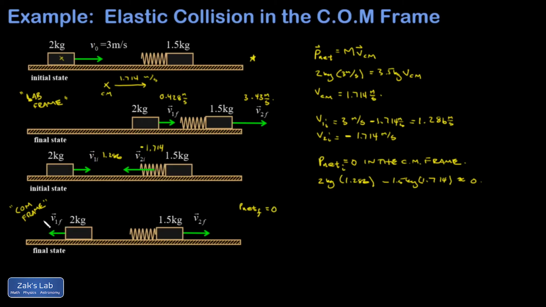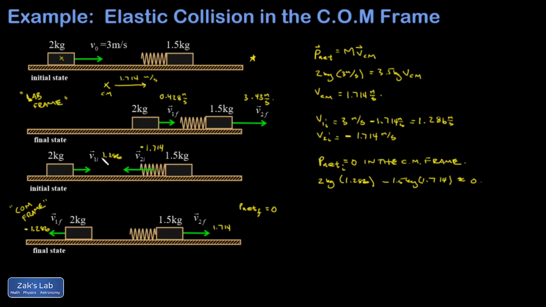If I just made this speed for the big block 1.286 pointing to the left, and this one 1.714 pointing to the right, certainly you'll agree the kinetic energy is the same as it was before, because each of these masses has the same speed it did before.